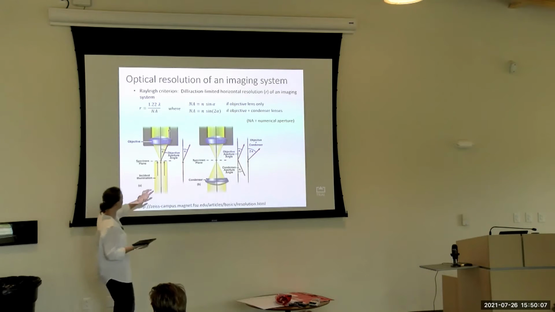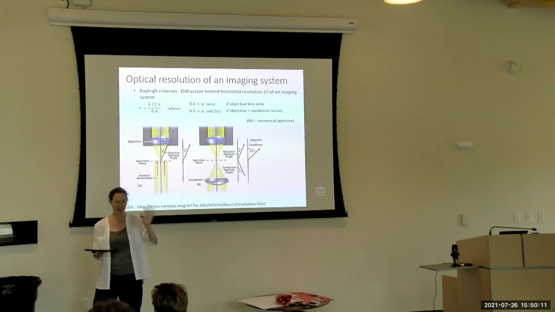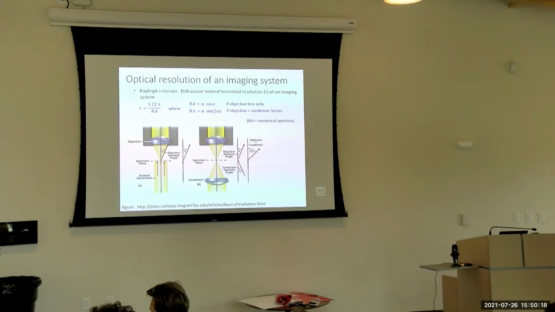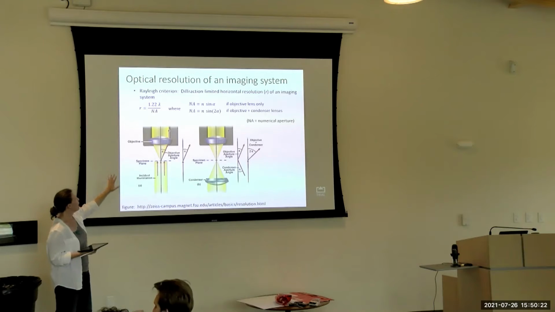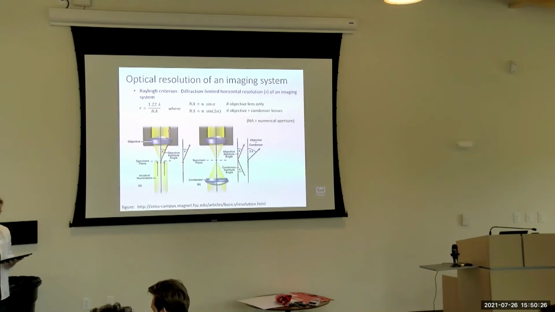Here, this aperture angle we're calling alpha, not related at all to other usages of alpha that you've seen, and you can probably forget about it once you understand the concept of the lens aperture. But the numerical aperture is the refractive index times the sine of that angle.